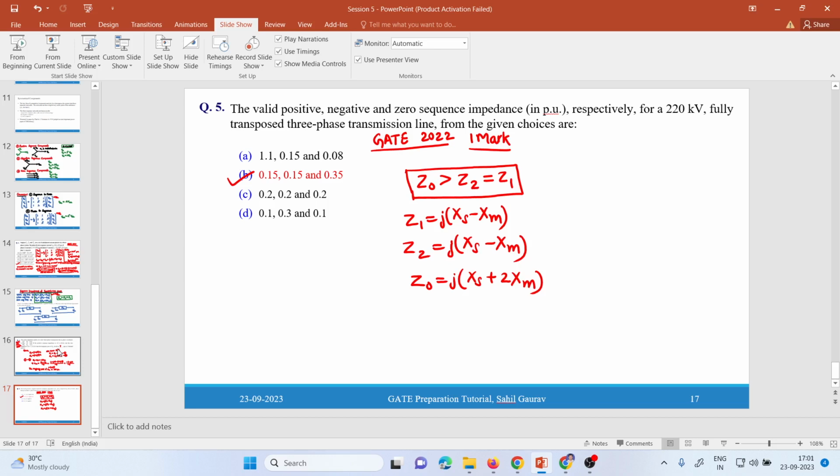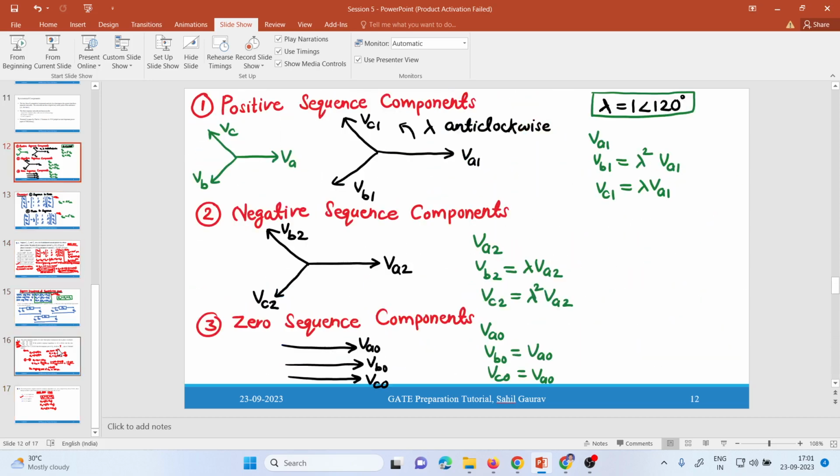So for LG fault, we will see the expression that I have not discussed yet. For unsymmetrical fault analysis, for LG fault, LL fault, LLG fault, we have different expressions. We will derive all that, and how we make the equivalent impedance diagram for each. But for symmetrical fault, these are balanced faults, so you need to go through these steps only.